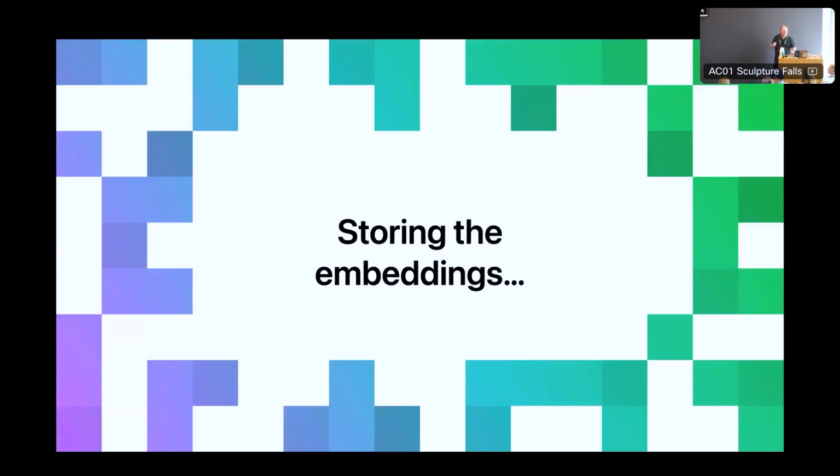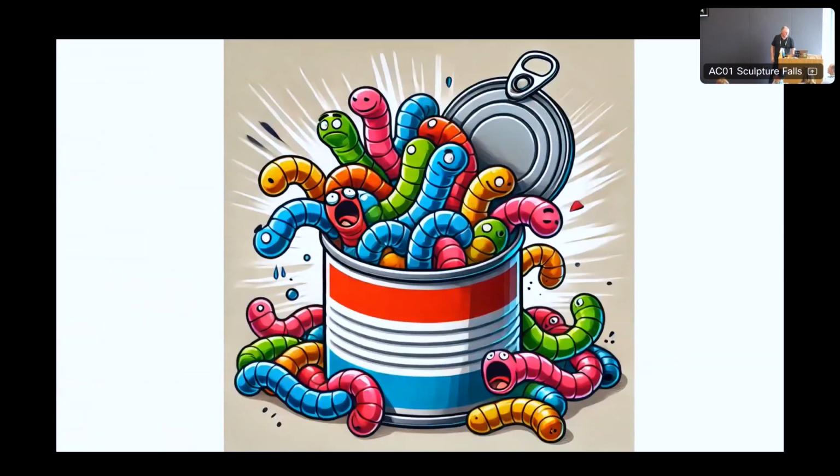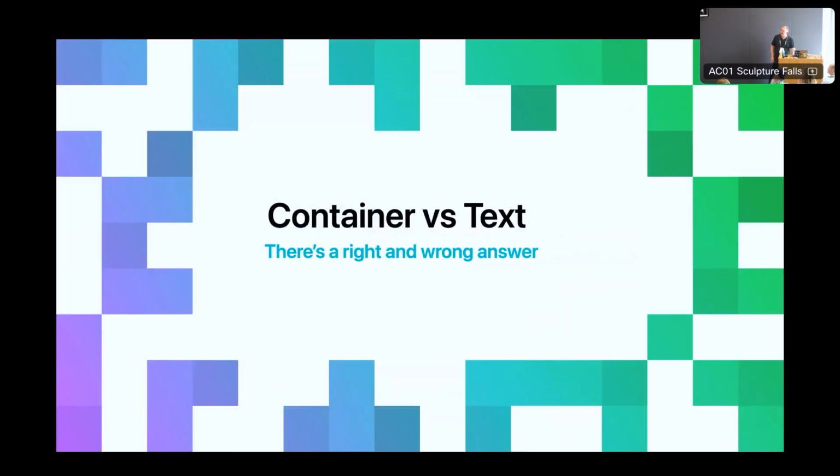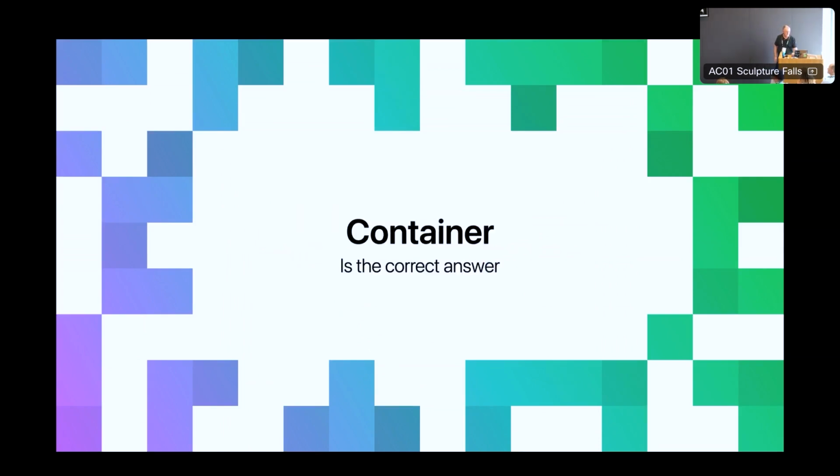So when it comes to storing the embeddings, this is a can of worms. You can store them in either text or container fields, and there's a right answer and a wrong answer. The right answer is you want to store them in a container field.